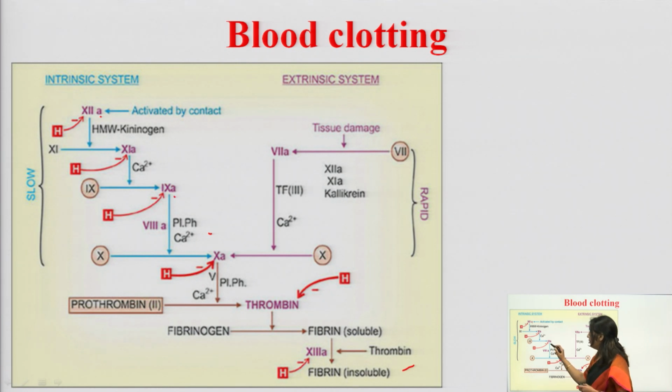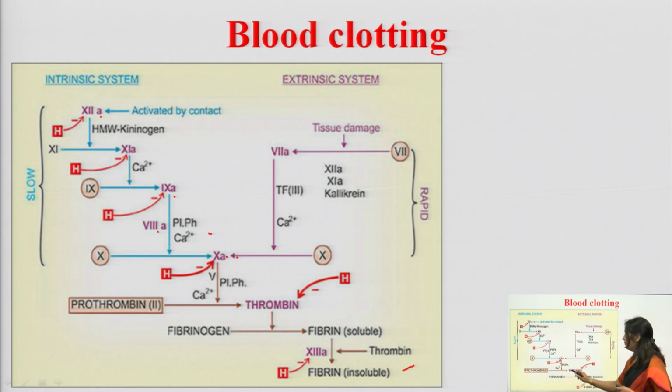This activated factor 9A, in the presence of factor 8, platelet phospholipid and calcium, will further convert factor 10 into activated factor 10. This activated factor 10A, in the presence of factor 5 and calcium, will convert prothrombin into thrombin. Prothrombin is factor 2.